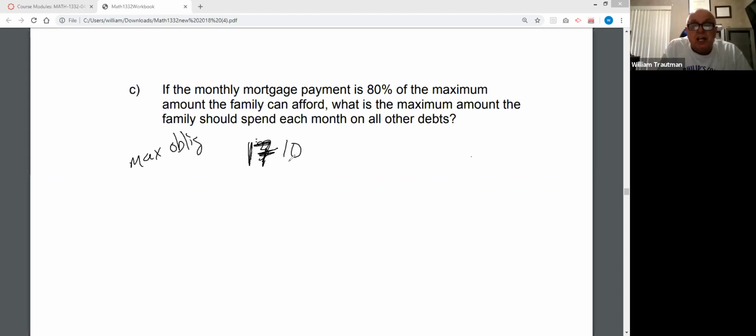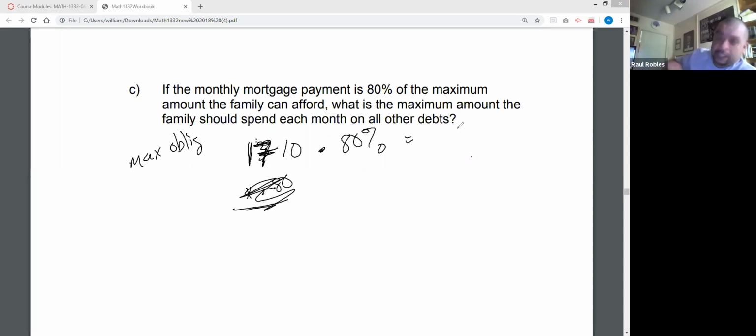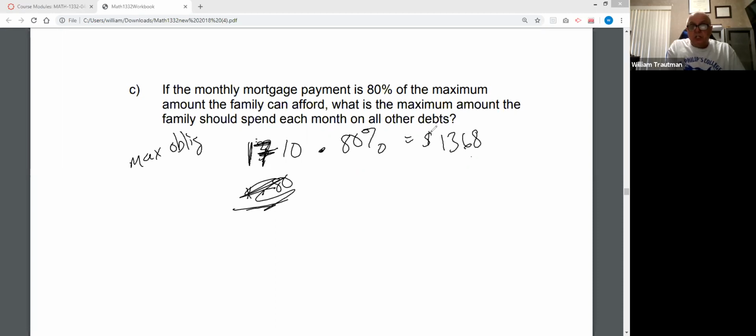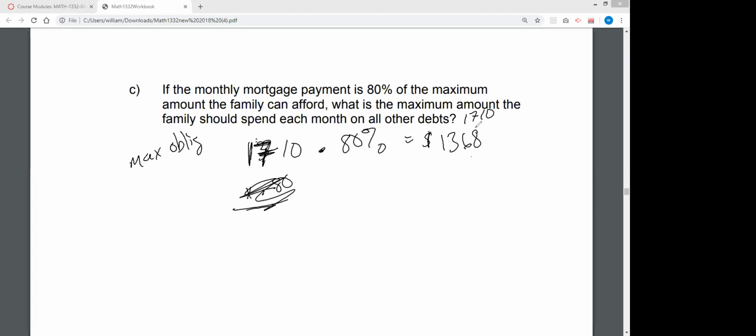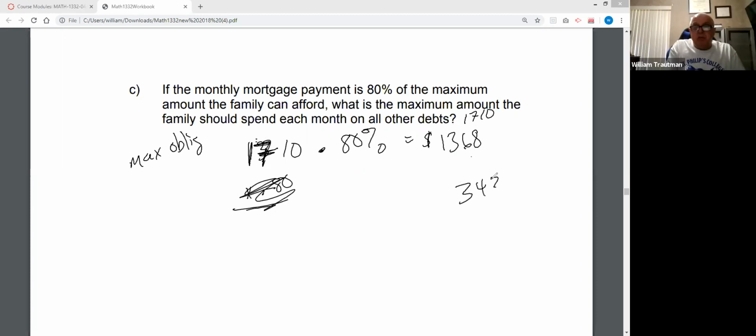1710, and 80% of that, or times 80%, is 1368. So once again, if you did 1710 minus 1368, you get 342. So you can only spend $342 on other stuff.